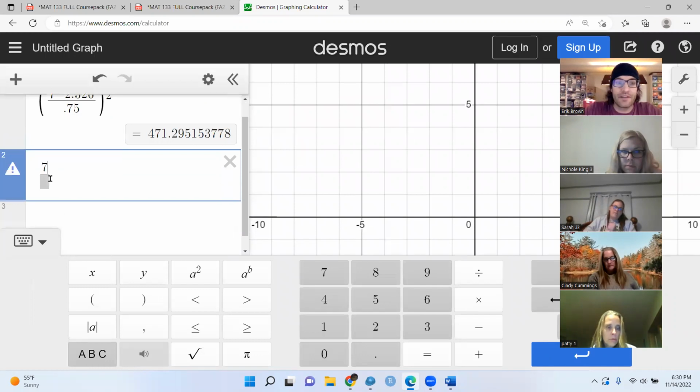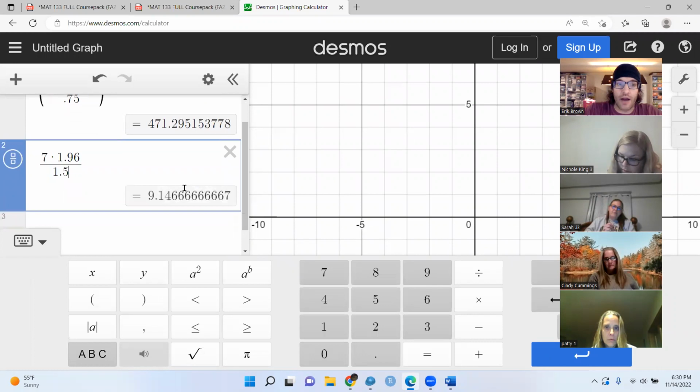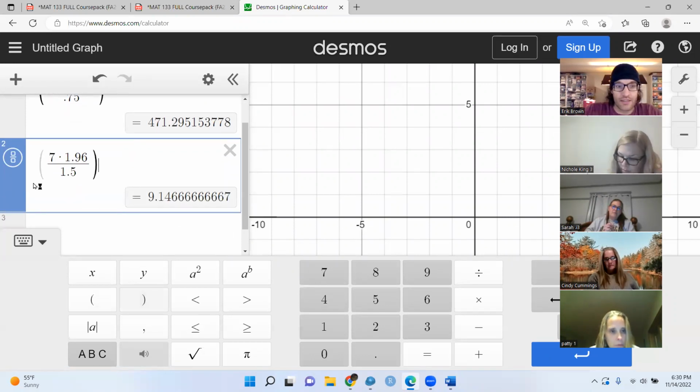I needed 7 times 1.96, and we're dividing by the 1.5. Then when I put in the parentheses, it automatically puts the whole fraction in there. And we're going to square that.